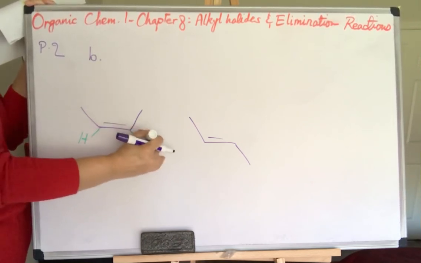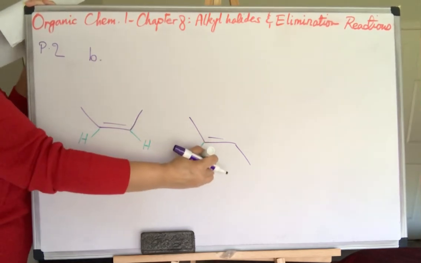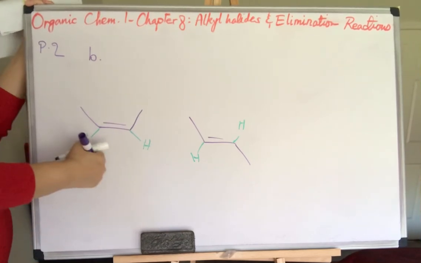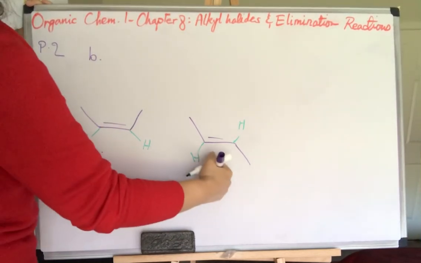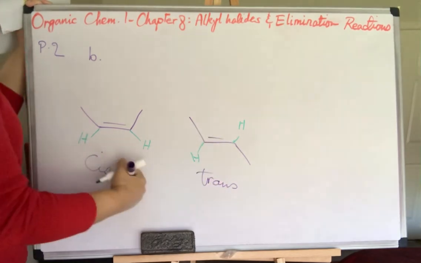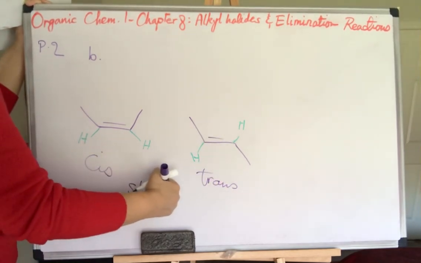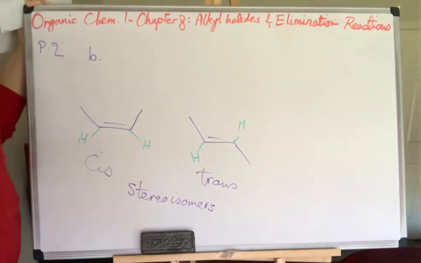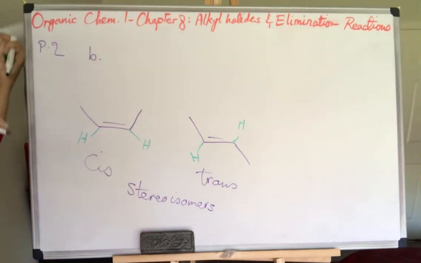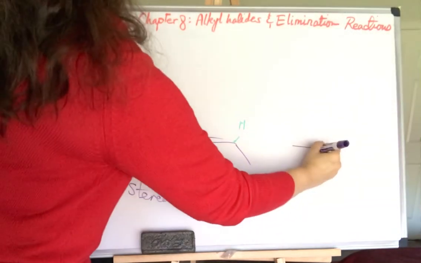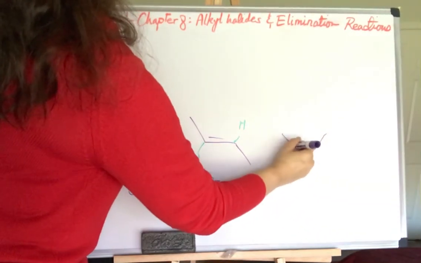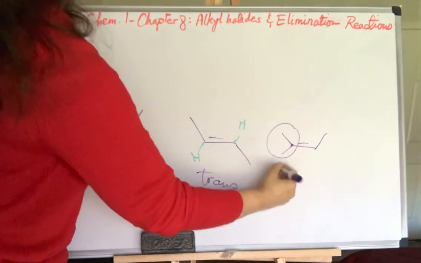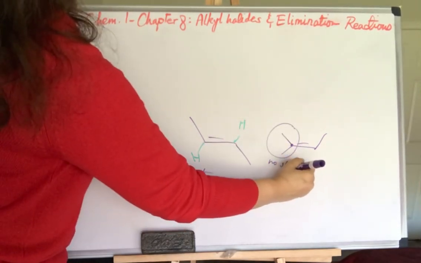Each carbon of the double bond must have 1 hydrogen. This is cis, this is trans. And we call them stereoisomers. So, for example, if a carbon is connected to 2 same groups, like methyl groups, there is no stereochemistry around this carbon.